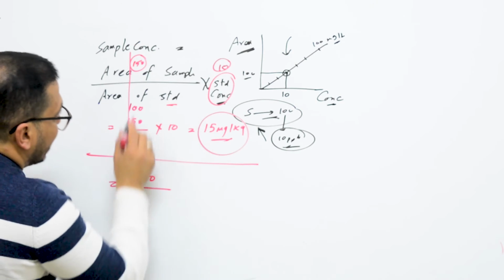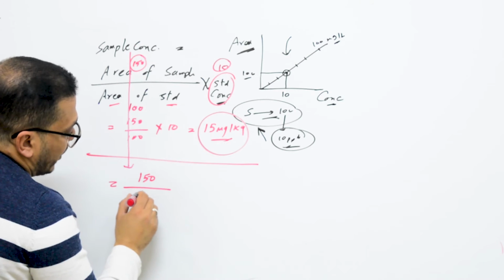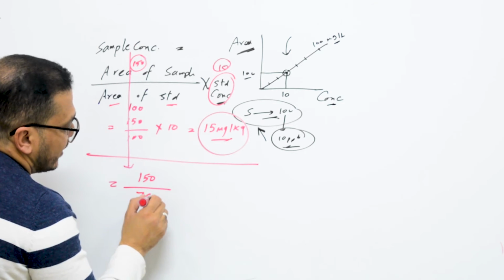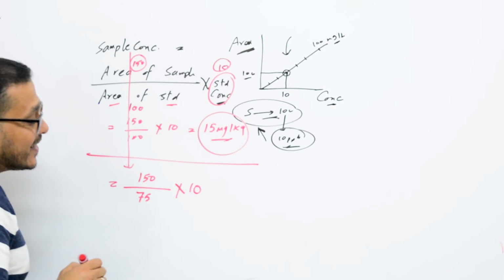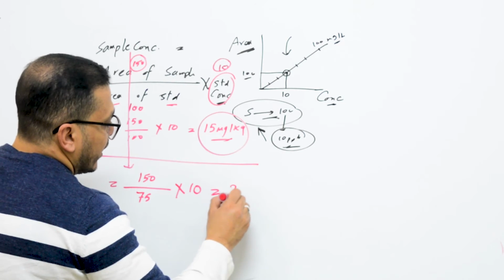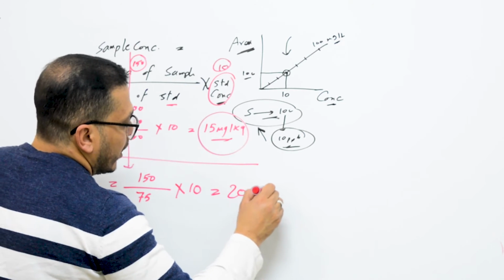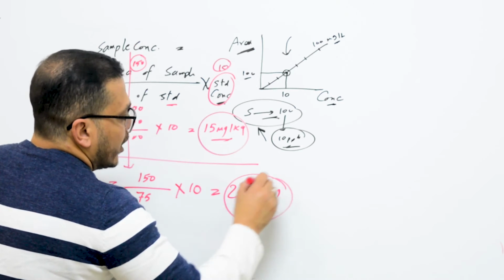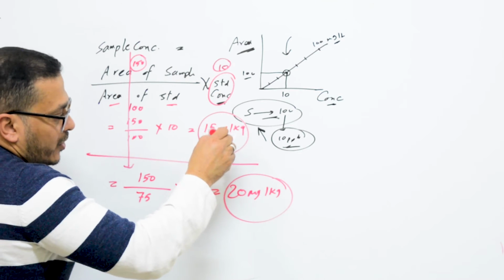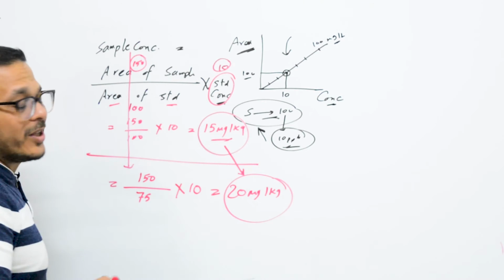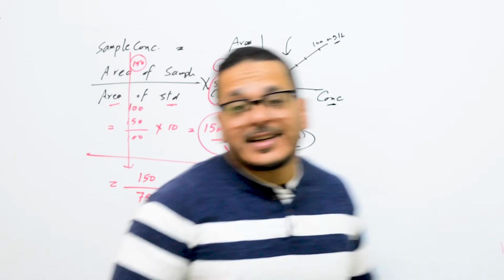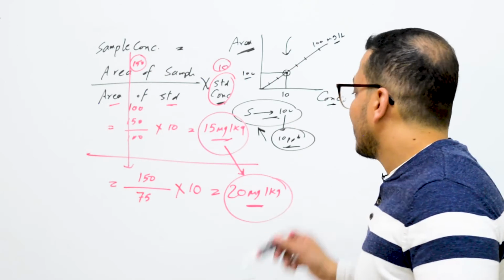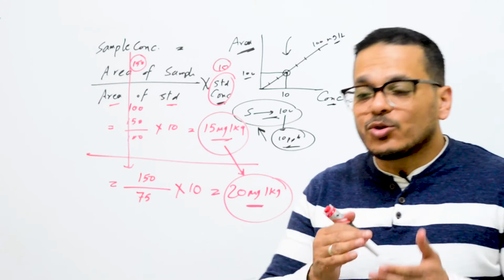So the area of the standard became 75, and the standard concentration is 10. So it will be 20 microgram per kilogram. The sample concentration changed from 15 to 20 microgram per kilogram, an increase. By degradation of the standard, the sample concentration increased.